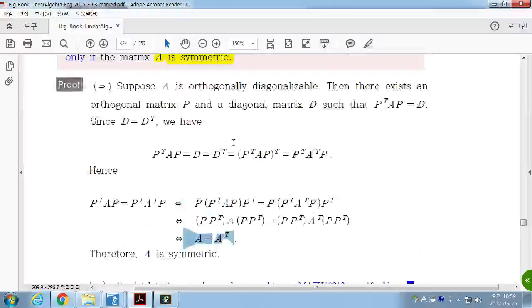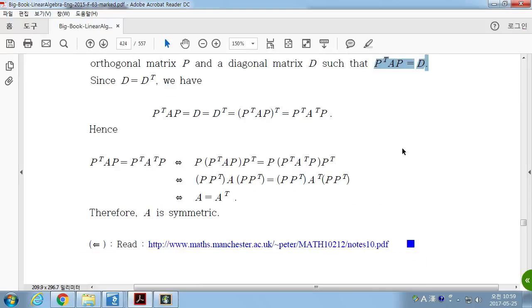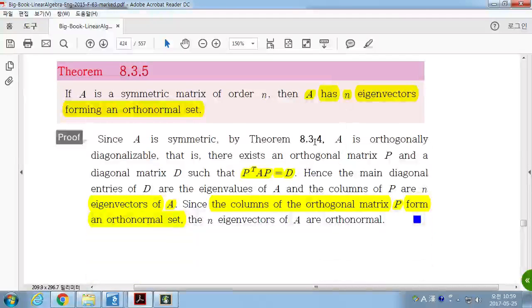Whenever you have a symmetric matrix, you know the matrix is orthogonally diagonalizable. There exist the orthogonal matrix P and D that make P transpose AP equal to D. So a symmetric matrix has a very nice property. If A is a symmetric matrix, then A has n eigenvectors forming an orthonormal set.